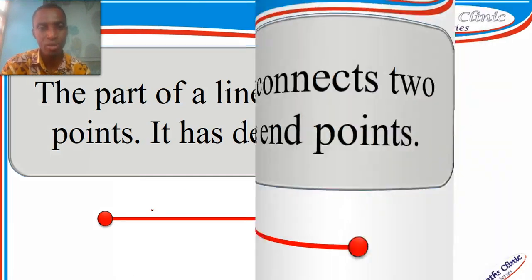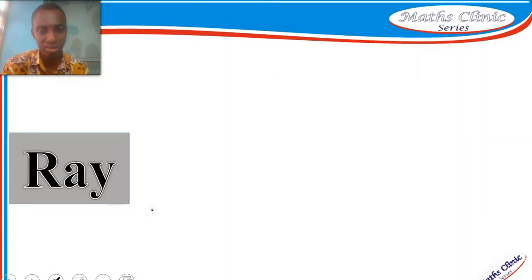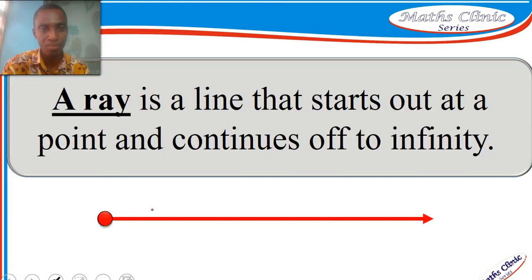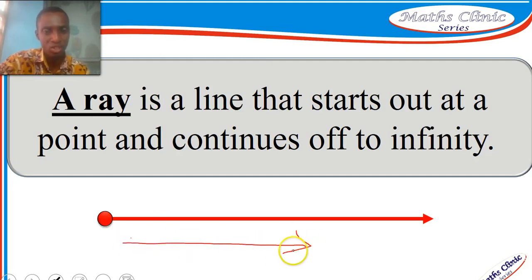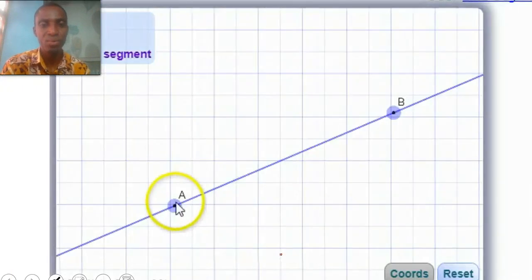Then there's another word we need to understand called ray. A ray also is a line that starts out at a point and continues up to infinity. So there will be a starting point for it, but it has no end, and that is a ray. So you see the difference between a ray, a line, and a line segment. Good. Now let's see this.